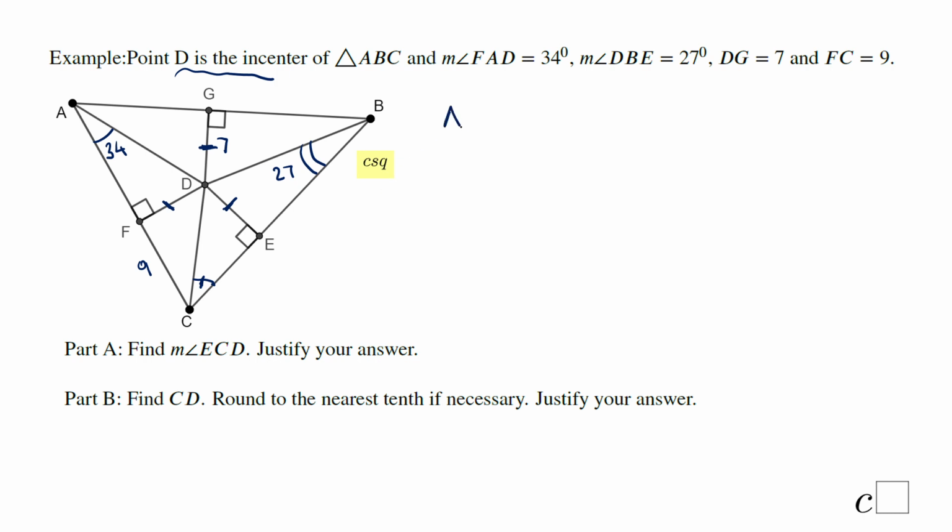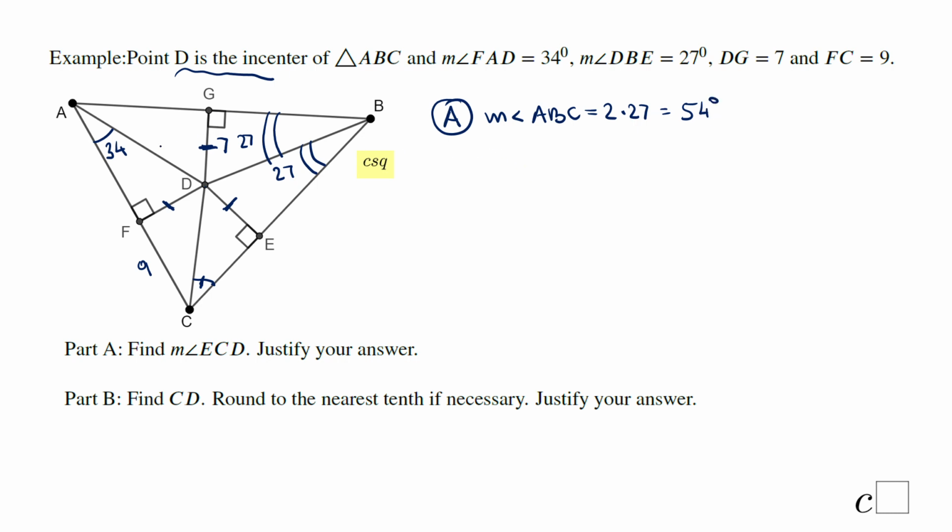On this part A, we're going to use the fact that this point D is the incenter, so that means DB is the angle bisector, so this angle will be 27 also. So that allows us to find the measure of angle ABC. That will be 2 times 27, because we have those two angles of 27, so that will be 54 degrees.